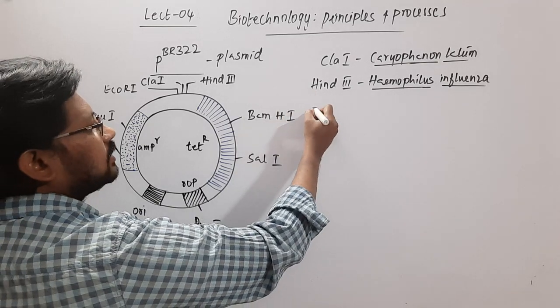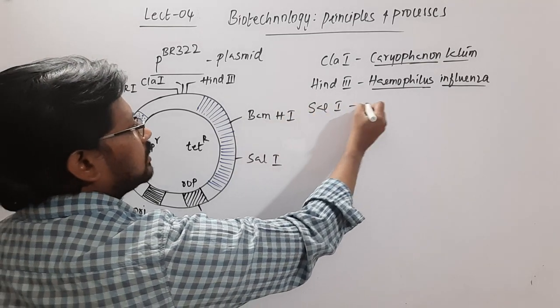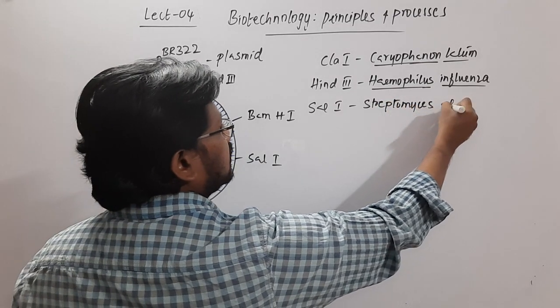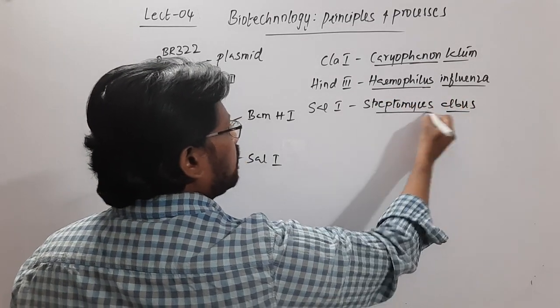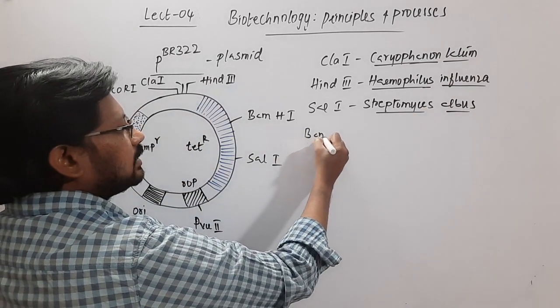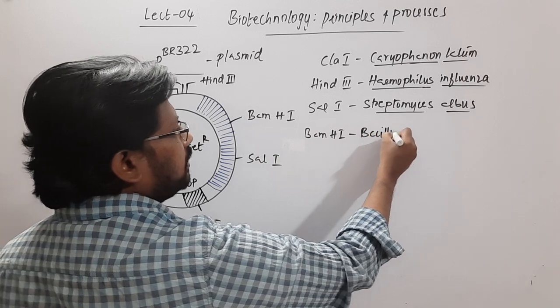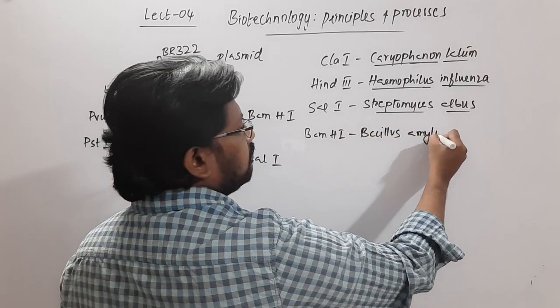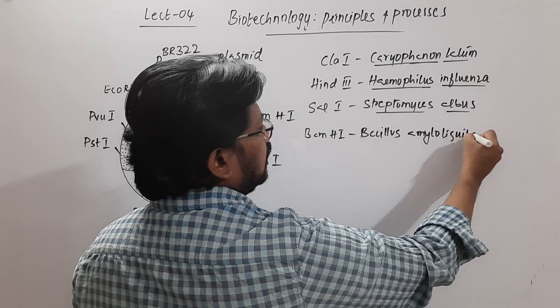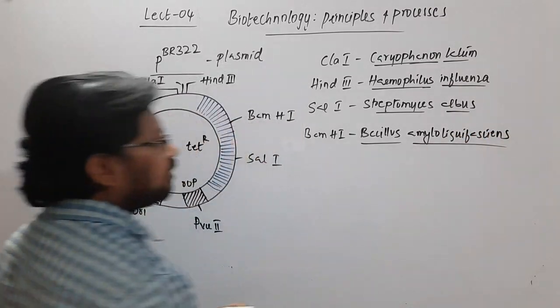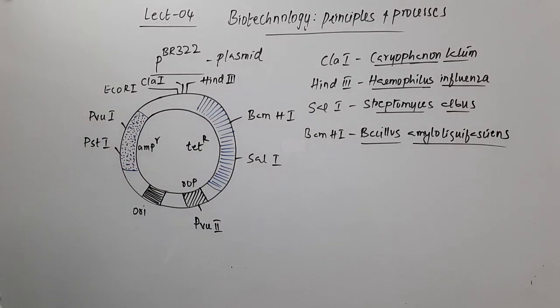Then SalI is from Streptomyces albus. Then BamHI is from Bacillus amyloliquefaciens, the bacterium from which we obtain that BamHI restriction endonuclease.